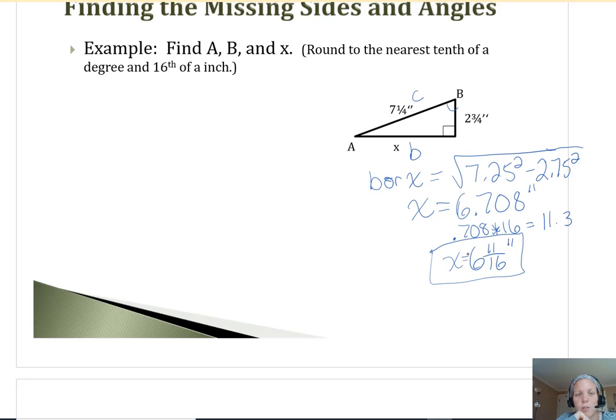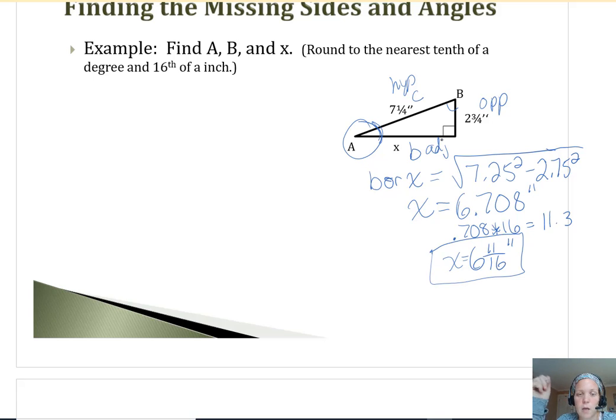Now I have to find my angles. I have to make a decision here: do I want to find A or do I want to find B? I haven't done any labeling yet, so let's just go alphabetical and find A first. Just looking at it, it should be a smaller angle, definitely less than 45. Opposite, hypotenuse, adjacent. Technically I could do anything here.